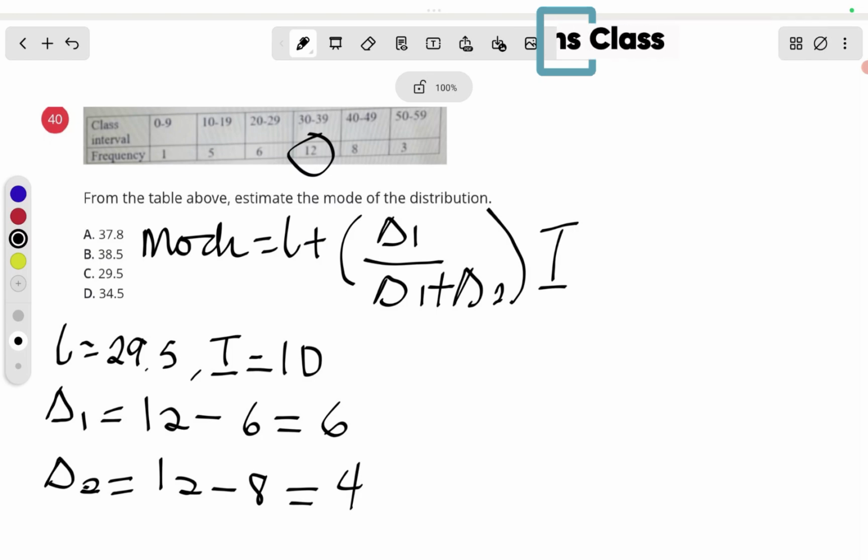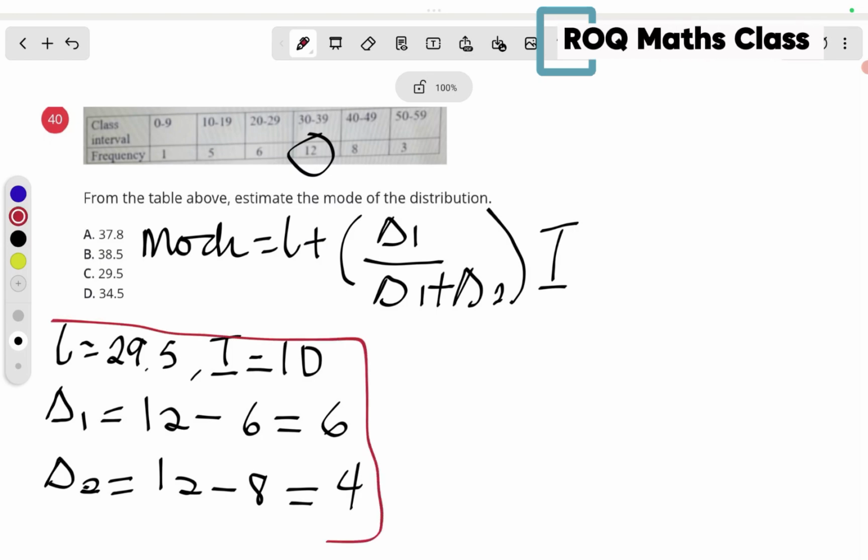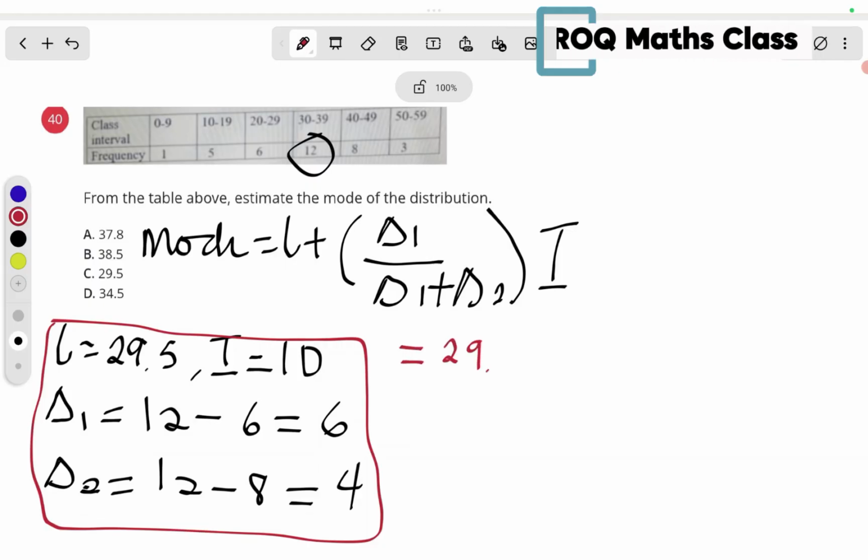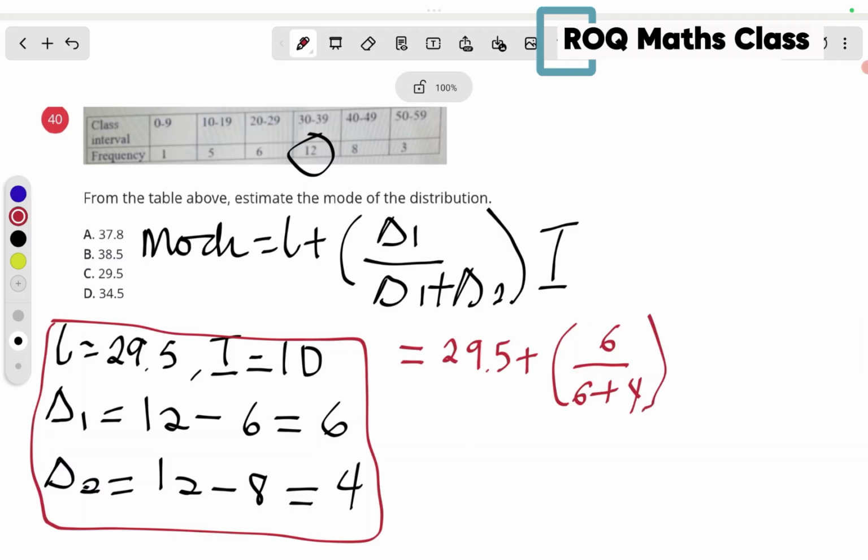So you see all these values, we're going to substitute into the given formula. This is equal to our lower class boundary 29.5 plus, what is our D1? Our D1 is 6, over D1 plus D2, we're going to have 6 plus 4, multiplied by the class interval, which is 10.